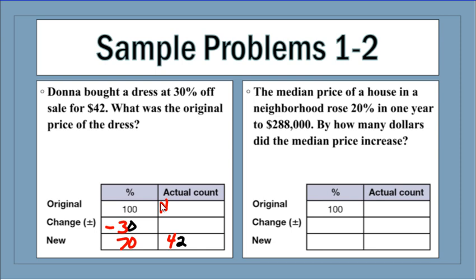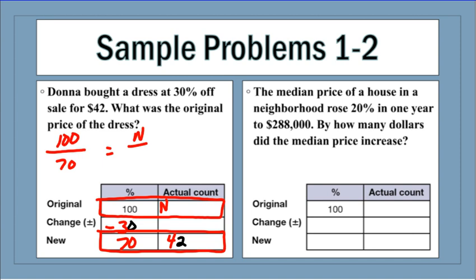So now I can use this top box and this bottom box to form my ratios. So I have 100 is to 70 as n is to 42. Now to make this a little bit easier, I can simplify here.